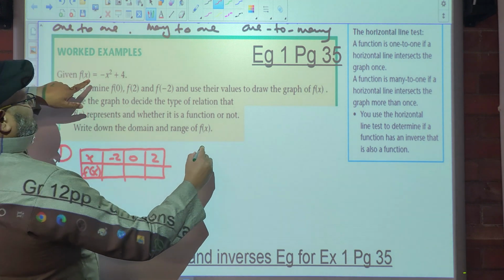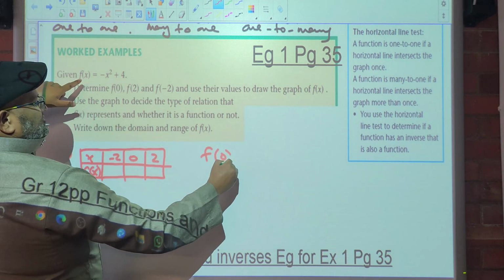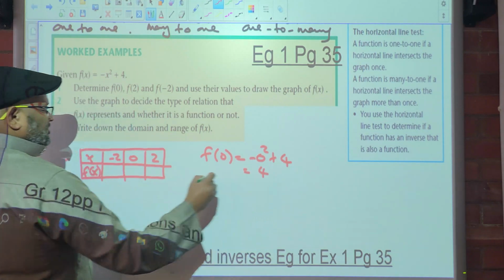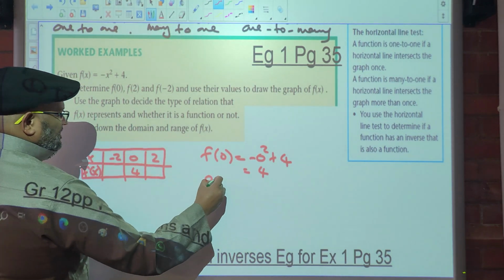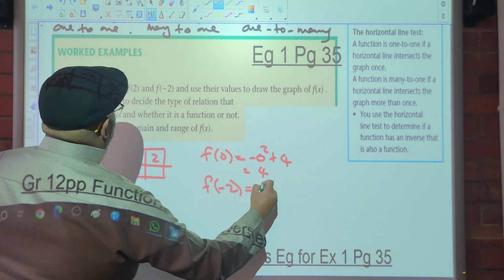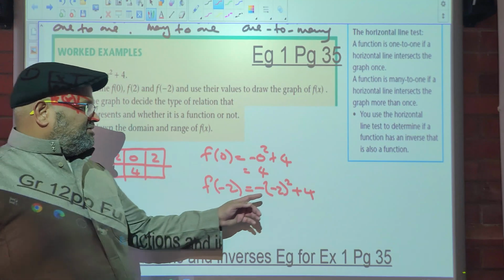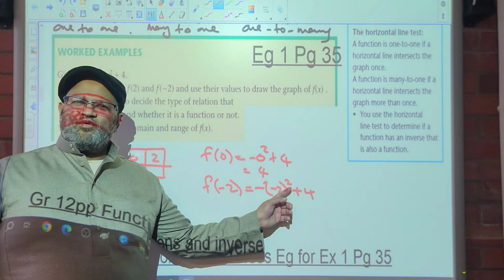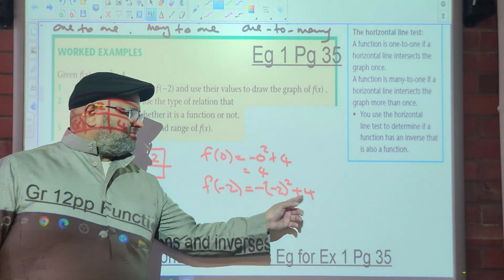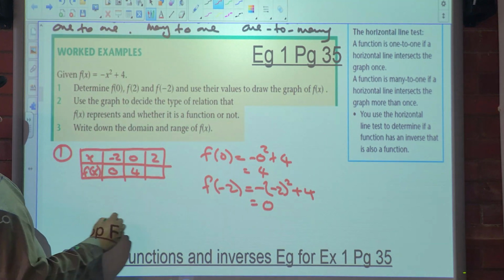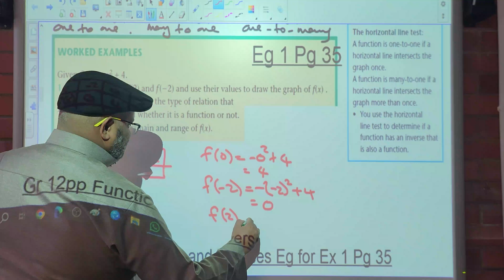So if I put f of 0, that's going to give me negative 0 squared plus 4. We answer 4. F of minus 2, so it's minus 2 squared plus 4. So minus 2 squared is positive 4, becomes minus 4, and minus 4 plus 4 is 0. Now we say f of 2.